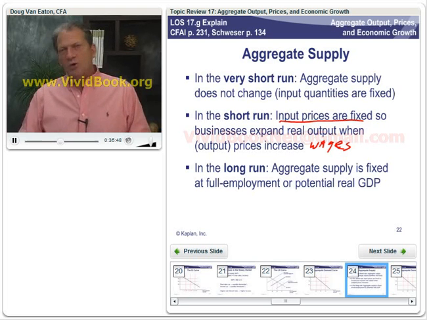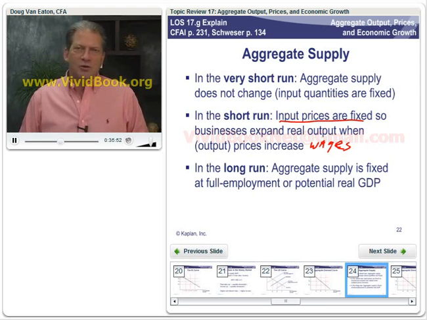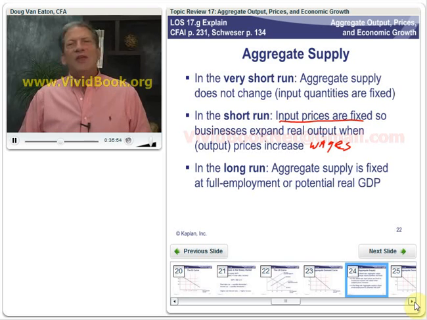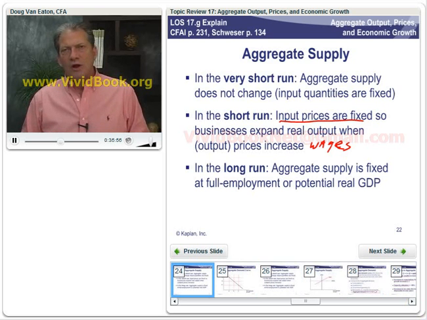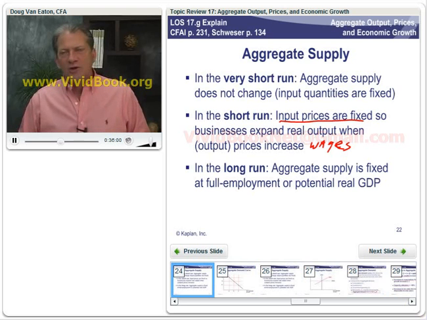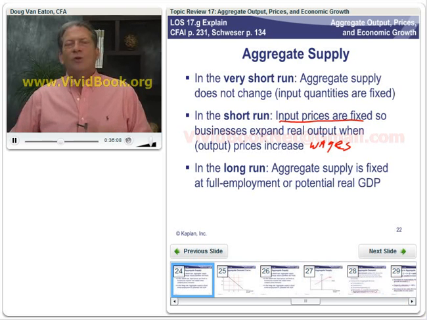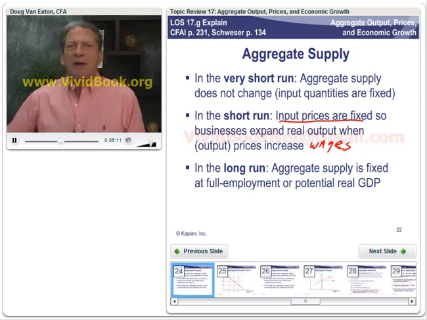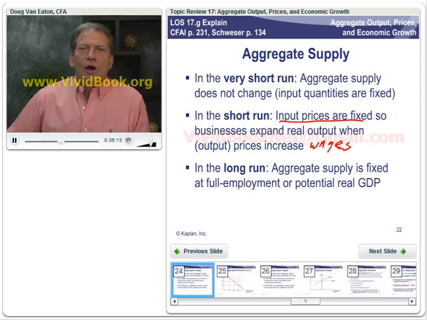And when we're in recession, unemployment rises, we're at less than full employment GDP, then there's downward pressure on wages, as you could think of workers competing for jobs in a recession and companies competing for workers in an expansion. So that's how we get back to long-run equilibrium.